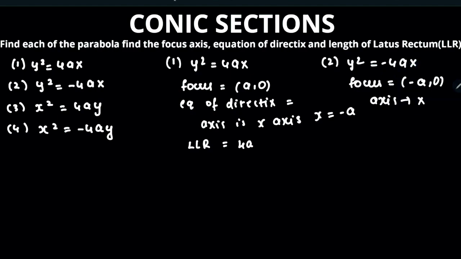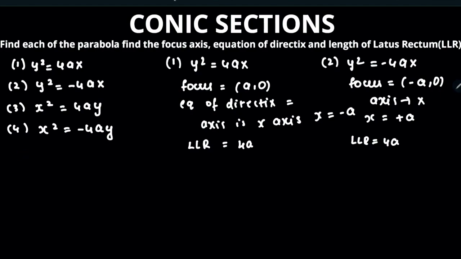You have to see, if there is y, then x-axis. If there is x, then y-axis. And here x is equal to plus a because there is a negative sign here. You have to write it as plus a. And latus rectum will always be the same for everything. Of course it differs from parabola or hyperbola. In hyperbola, latus rectum is different, 2b square by a. But here in parabola, latus rectum is 4a.